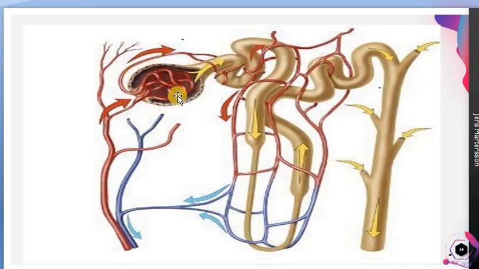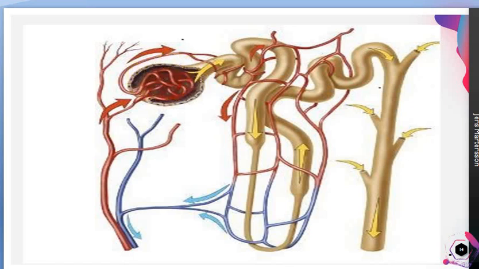This cup, composed of a single layer of epithelial cells, is known as Bowman's cup.